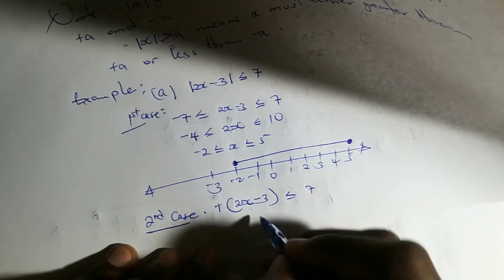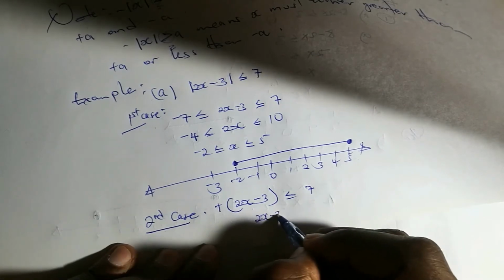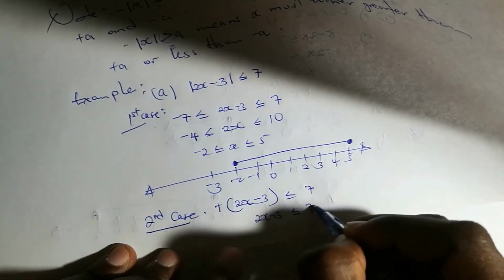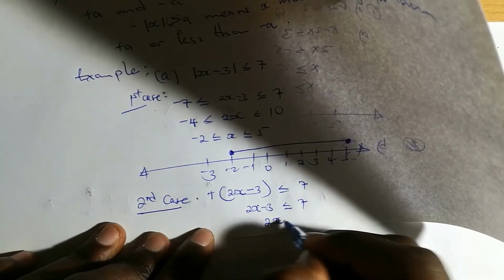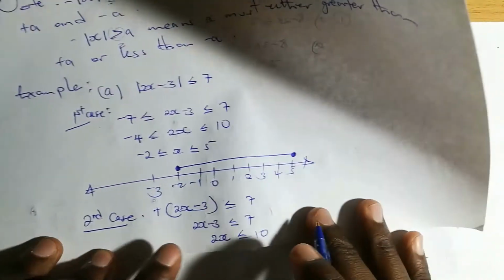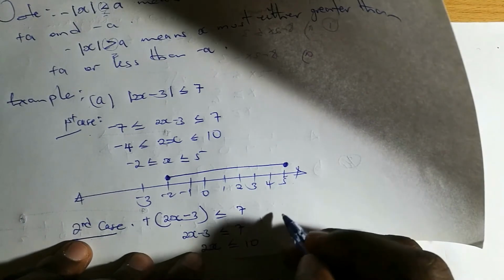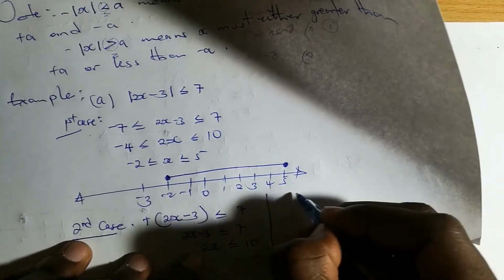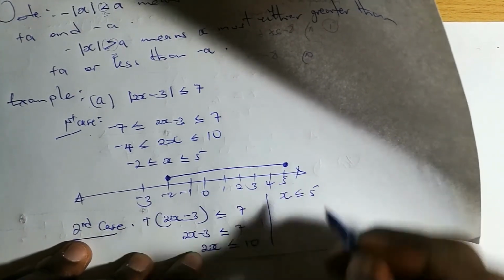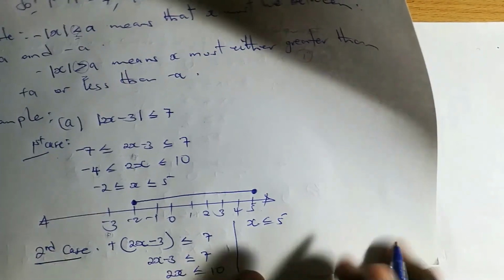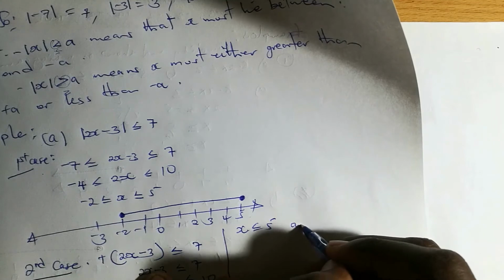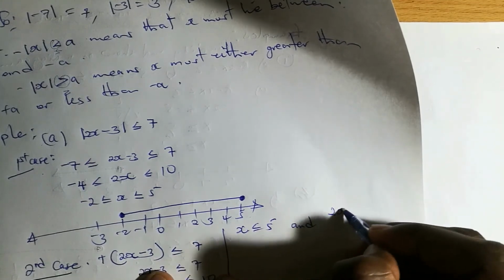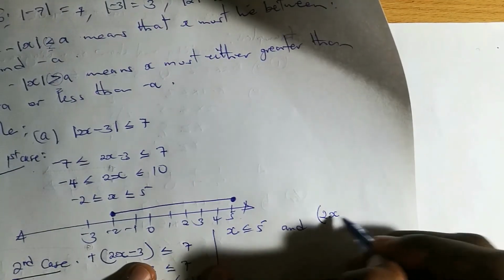If we open the bracket, we have 2x minus 3 less or equal to 7. We add 3 on both sides, so that we have 2x less or equal to 10. Dividing throughout by 2, we have x less or equal to 5. Then for another case, we consider when it's negative.